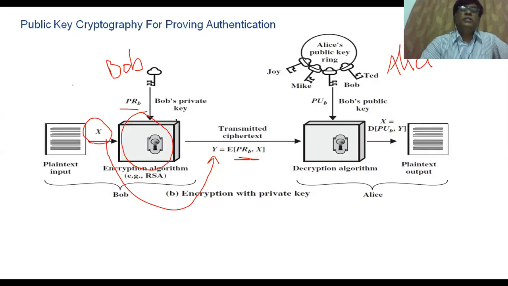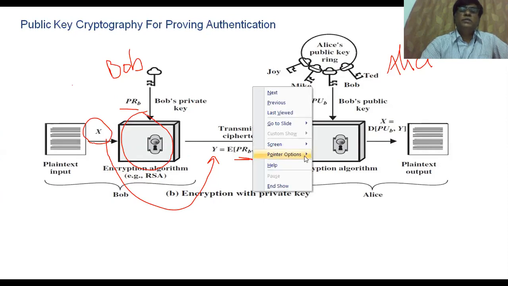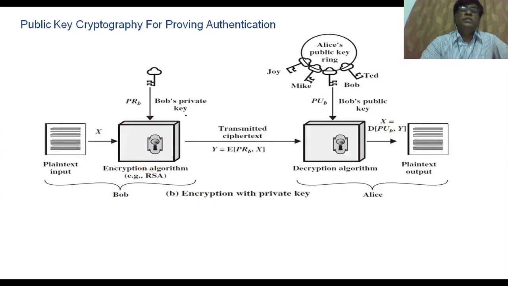PRB means Bob's private key. So he encrypted the message using Bob's private key. Okay. Then he sent it to Alice.